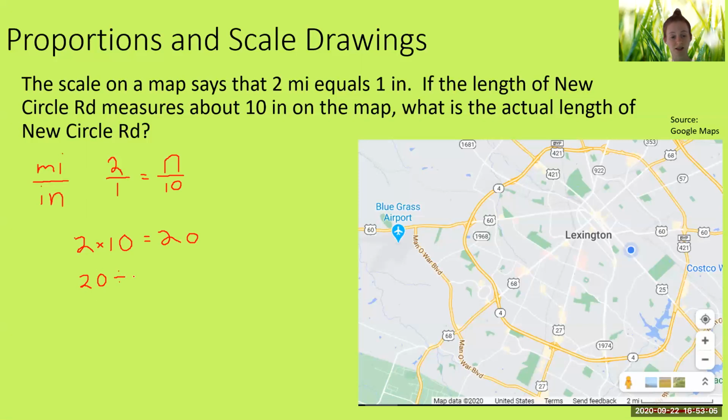So you could skip that step if you wanted to. And there's our answer. So that means that N, the length of New Circle Road, is 20 miles. So if it's 2 miles for every inch, if we have 10 inches, that means New Circle is 20 miles.